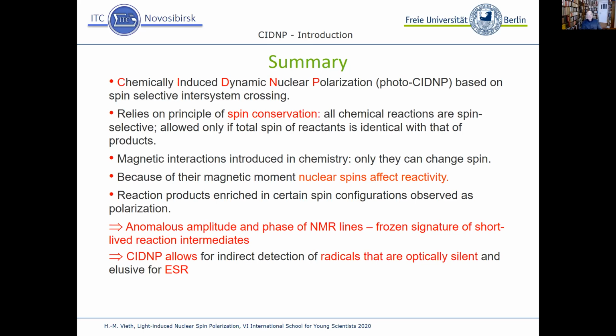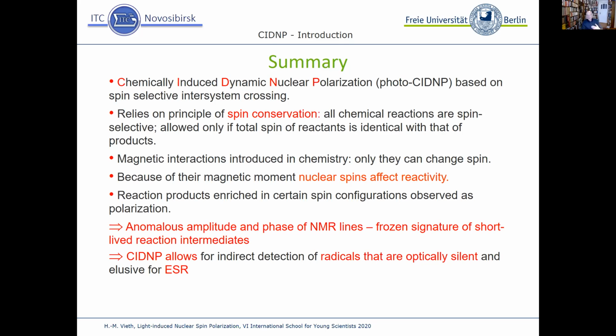So the nuclear spins affect the reactivity of the whole process. And some reaction products are enriched and others are depleted. And this gives rise to anomalous amplitudes and phases of the NMR spectrum.